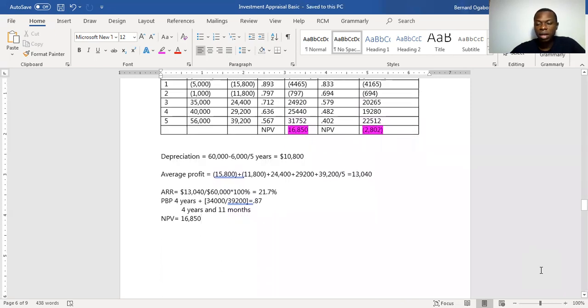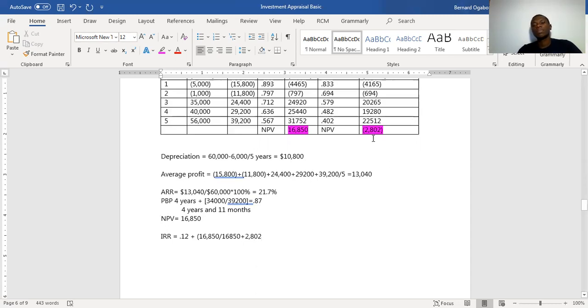So with that, we now need the IRR. I'll say lower rate, which is 0.12, that is 12%, plus NPV of the lower rate, which is 16,850, divided by 16,850 plus 2,802.